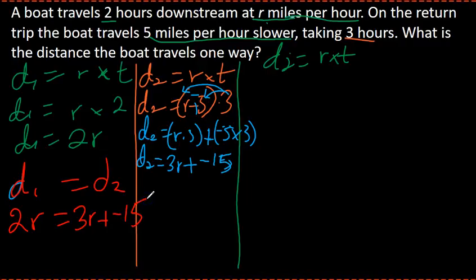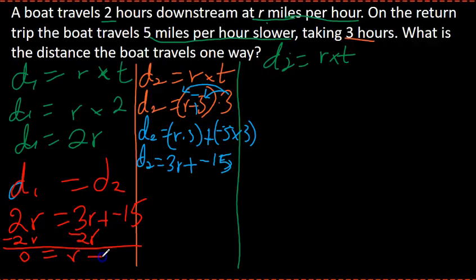Now we collect like terms across. Here we have 3r, here we have 2r, so we can subtract 2r from both sides or add -2r. They're the same. So we have 0 equals 1r plus -15. We bring it up here.